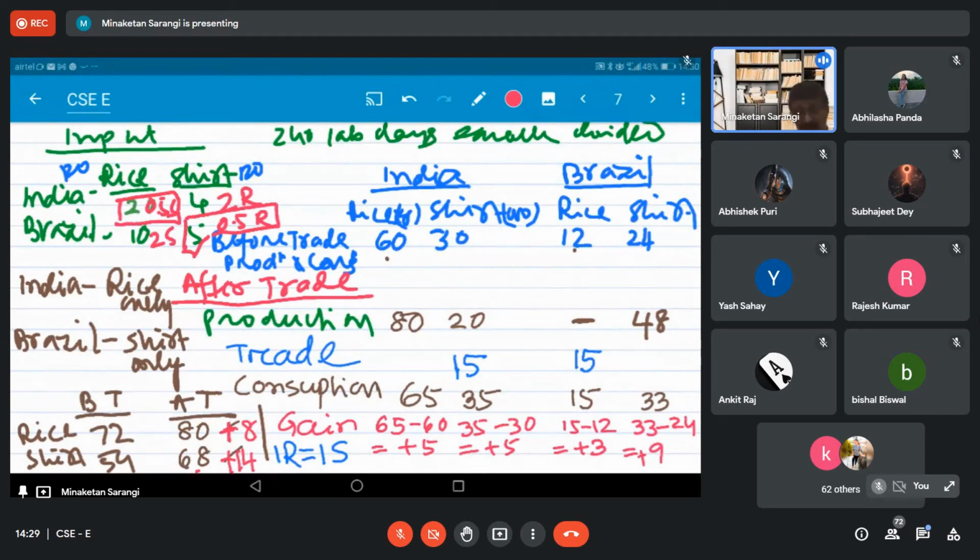Then we can explain how trade through comparative advantage benefit both the countries.